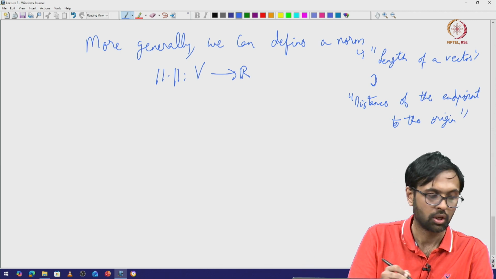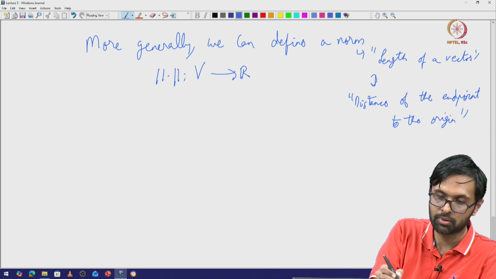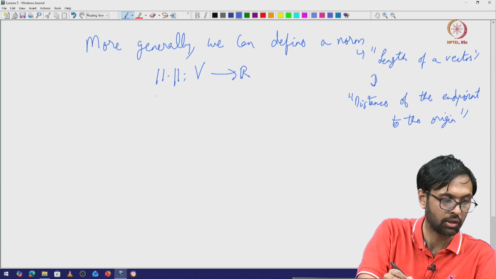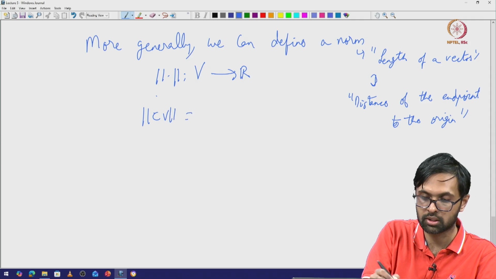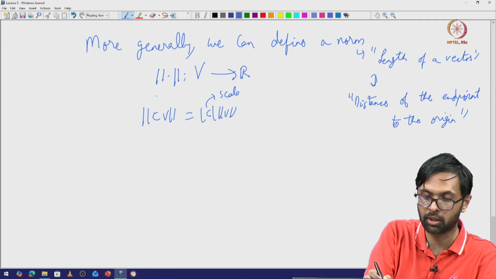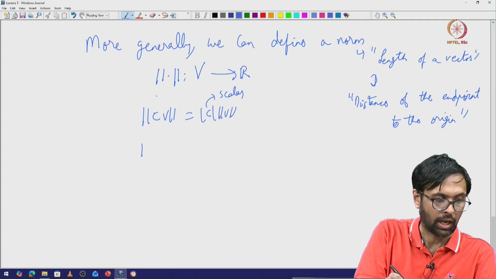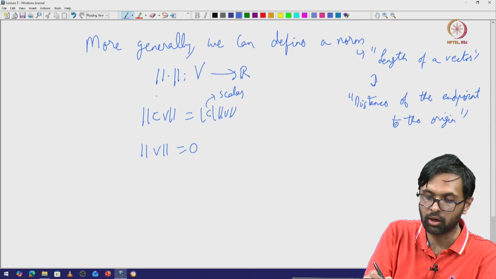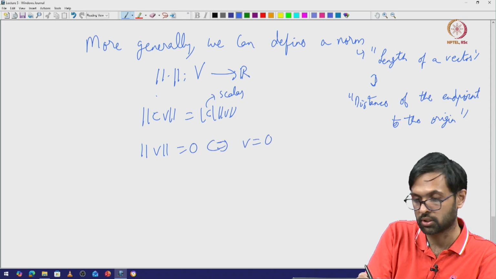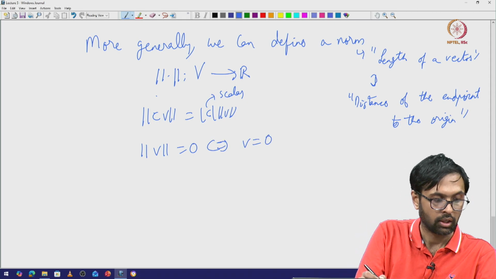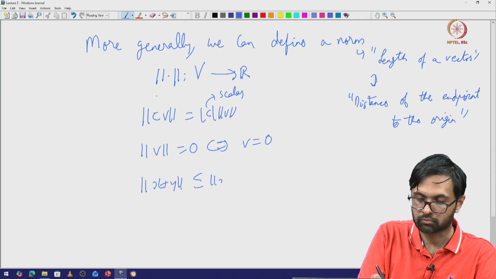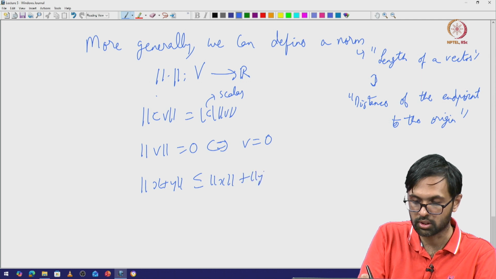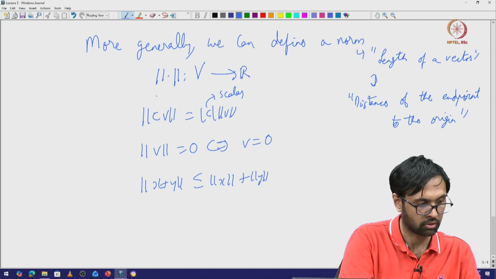So, more generally, what is a norm? A norm is simply a function from the vector space to R, and if you scale a vector, the length scales, where the scalar can be real or complex, and the norm of v is 0 if and only if the vector is itself 0. And lastly, you have the triangle inequality.